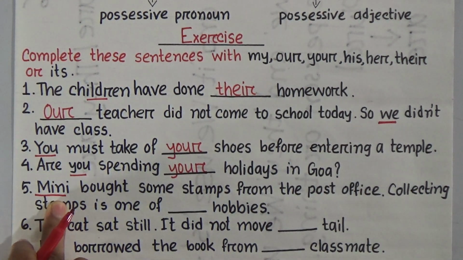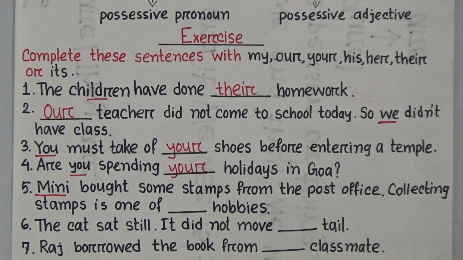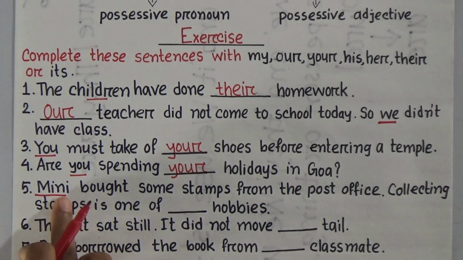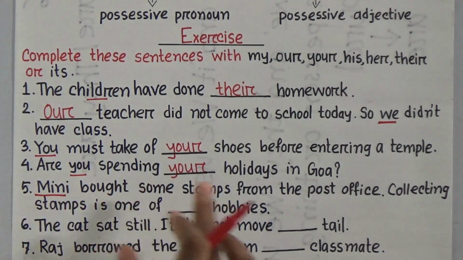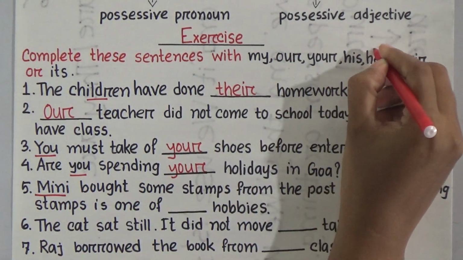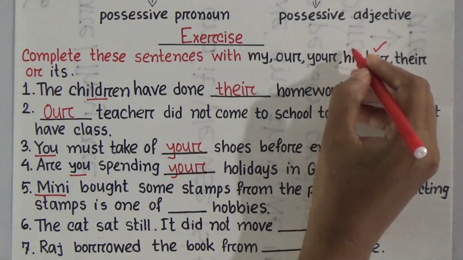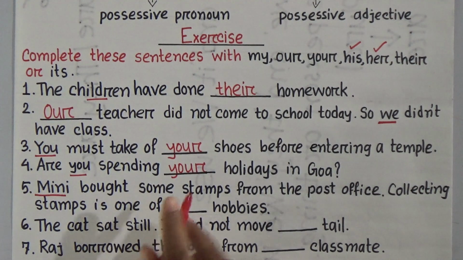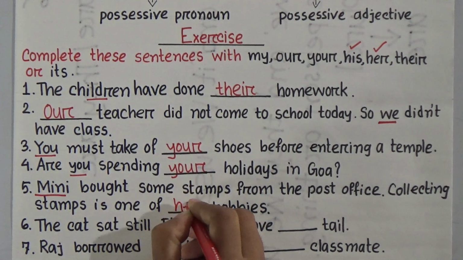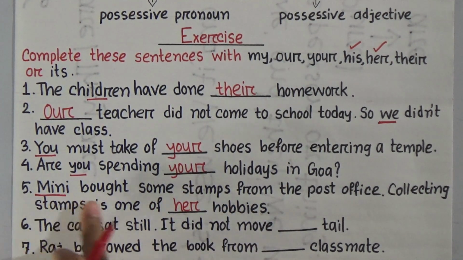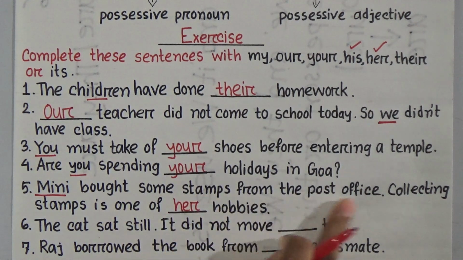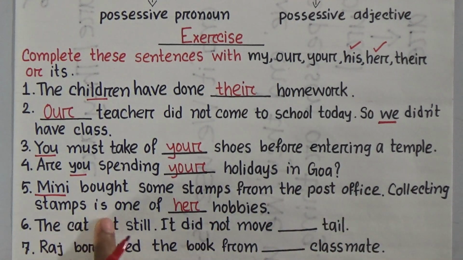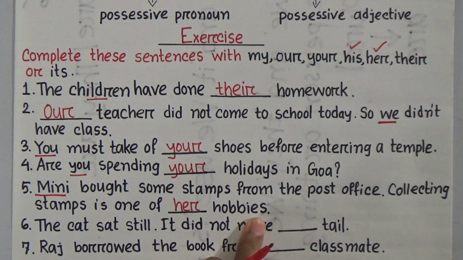Is Minnie a name of a girl or a boy? Yes, we usually use the name Minnie for a girl. So for a girl we have to use her and for a boy we'll use his. So Minnie is a girl, so you have to use her. Minnie bought some stamps from the post office. Collecting stamps is one of her hobbies.